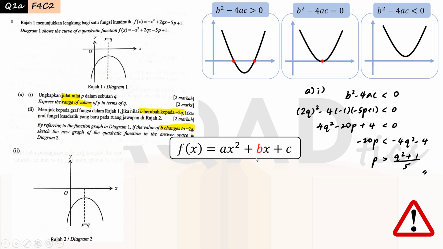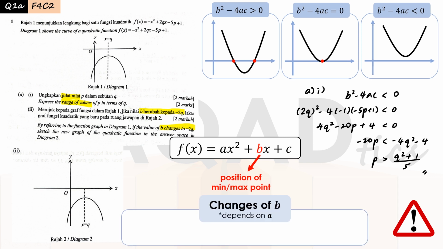Okay, so b here actually helps us to determine the position of the minimum or maximum point. For our question here, it is a maximum point. Now let's consider all the cases where we change b. But before that, I would like to let you all know that b and a for this case work together.